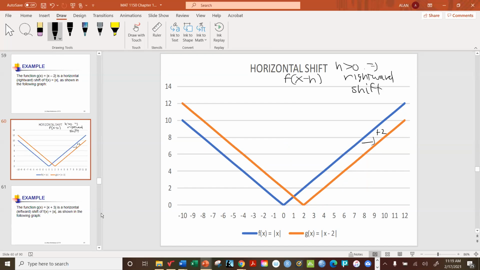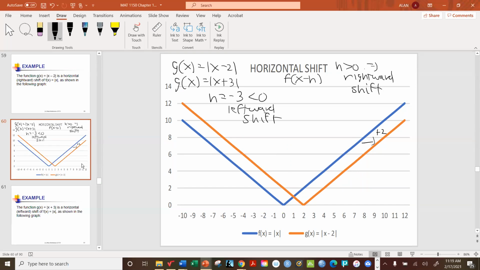Of course it is. So this time, instead of g of x equals x minus 2, we're going to change that to x plus 3, which implies that h is negative 3. And we're going to see in a minute that this gives us a leftward shift.